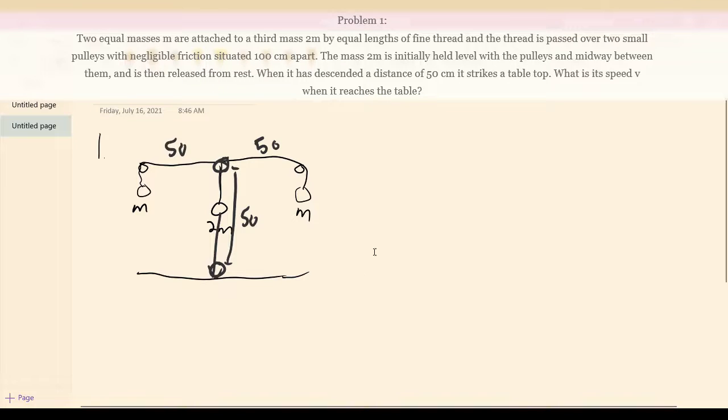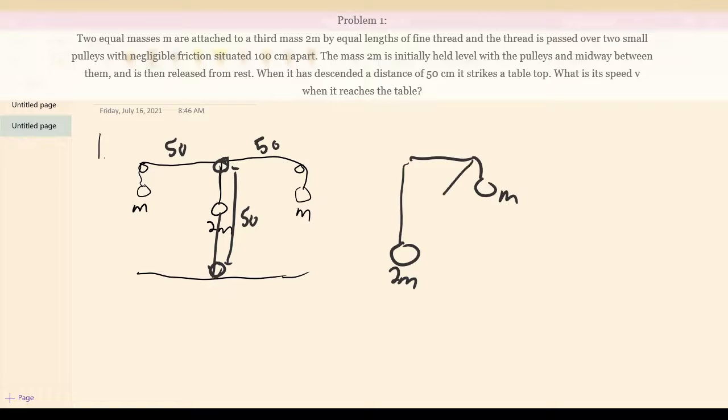rope length is, if we only consider half of the setup, it looks like this: the mass 2m here and a mass m here. This is the new rope.